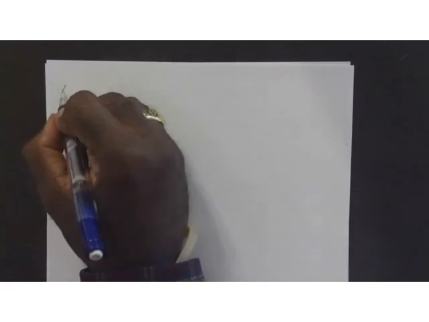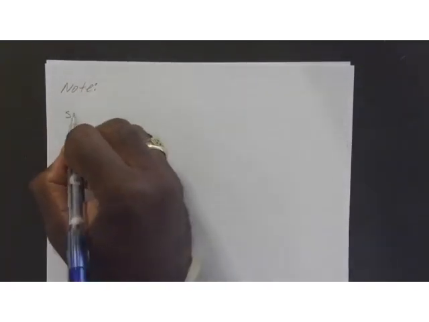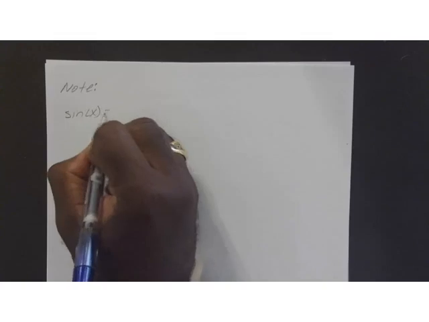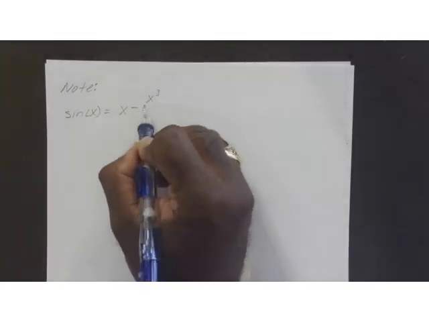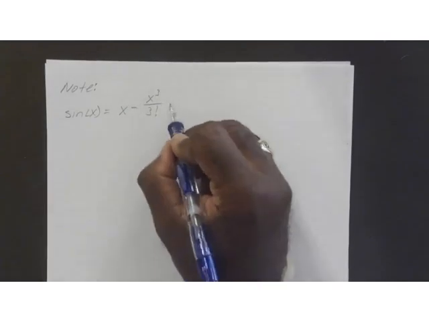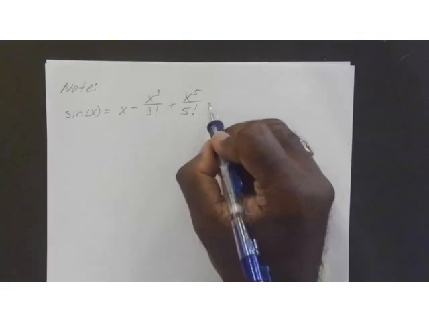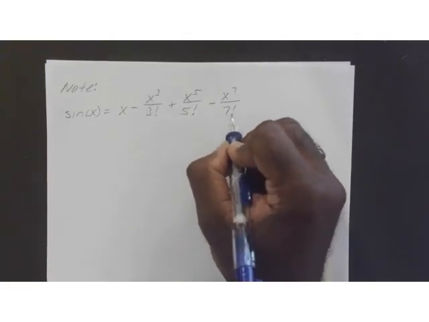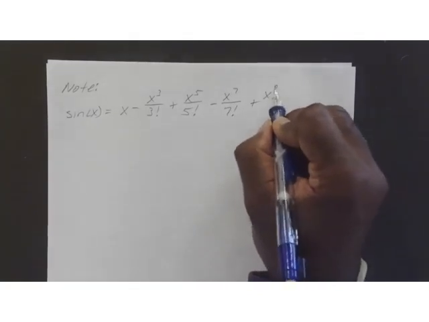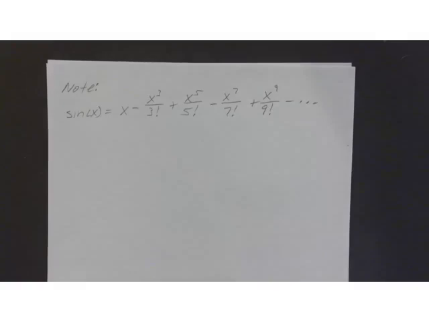Okay, so we already saw that if we did sine of x, we ended up with x minus x to the 3rd power divided by 3 factorial plus x to the 5th power divided by 5 factorial minus x to the 7th power divided by 7 factorial plus x to the 9th power divided by 9 factorial, and it keeps on going in that pattern.